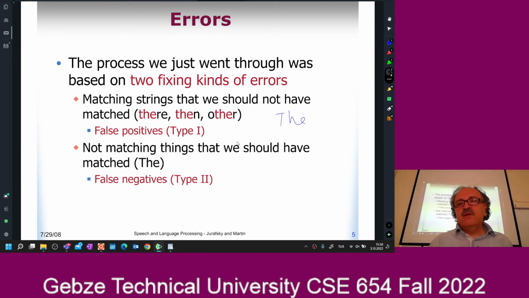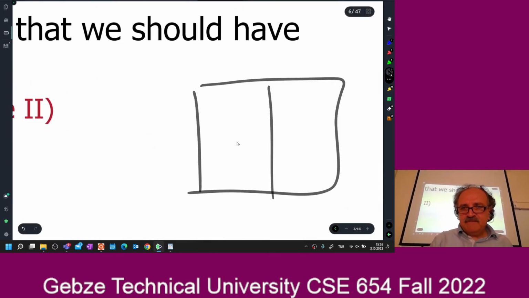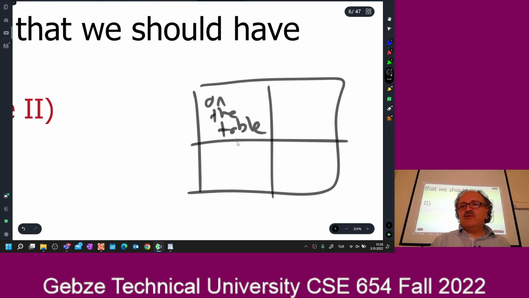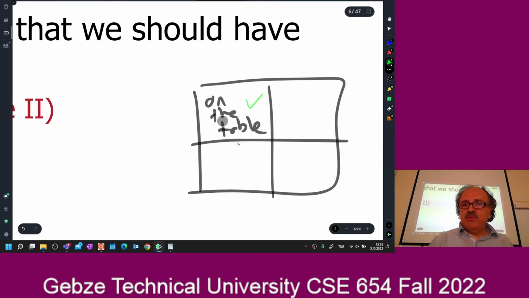Anything true we like. For example, let's make this box. On the table, I like to match this. This is okay. True positive. Okay, this is a true positive. And let me find another one.